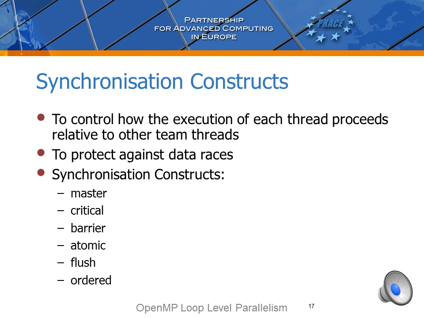Race conditions occur when multiple threads update the same memory location simultaneously, which causes unexpected results. But synchronization constructs are expensive in terms of execution time. So it is better first to change how data is accessed to minimize the need for synchronization. We will now briefly go through the synchronization constructs listed in the slide.